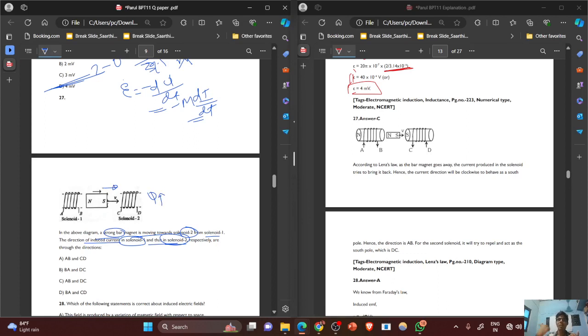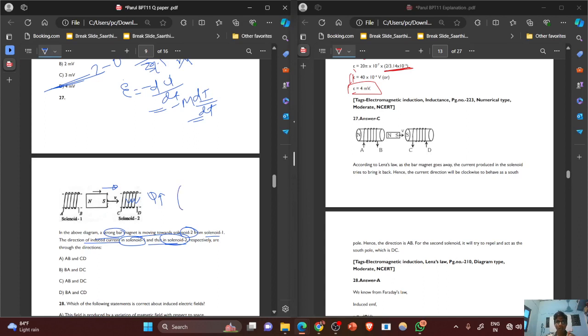So the current in this second coil will go this way, so that it can decrease the flux. Here the flux is increasing, so the current will be in such a way that it decreases the value of this flux.